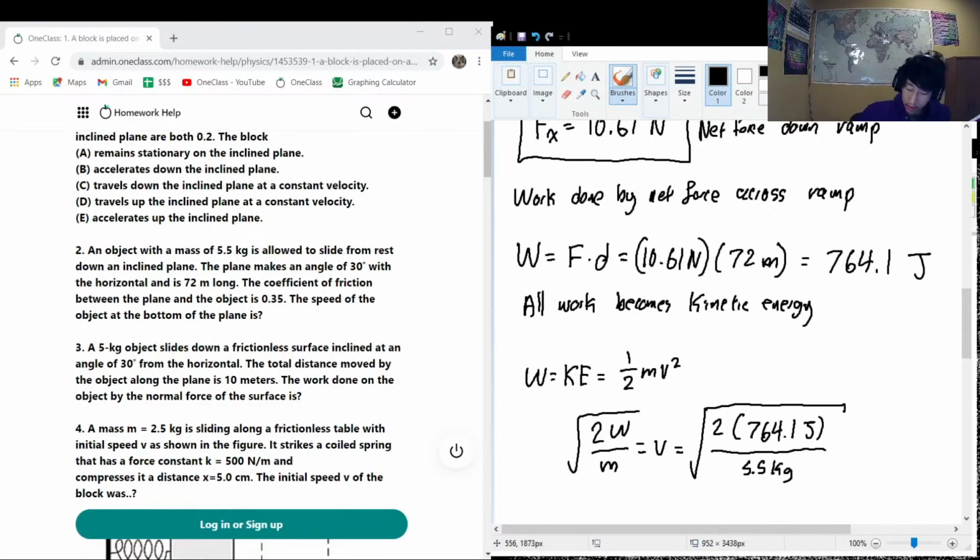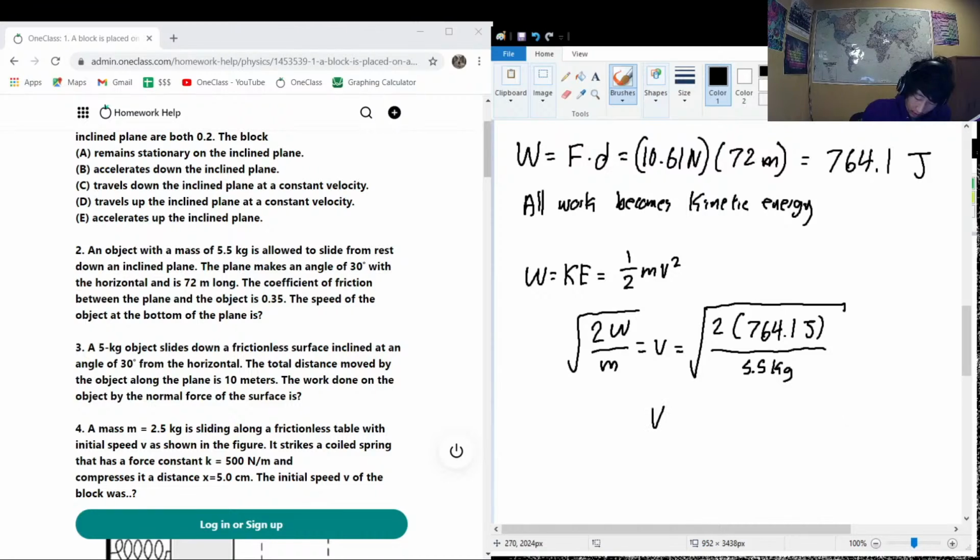Okay, and let's calculate that out. Let's get the root there first: 2 times the previous value, divided by 5.5, all under the root.